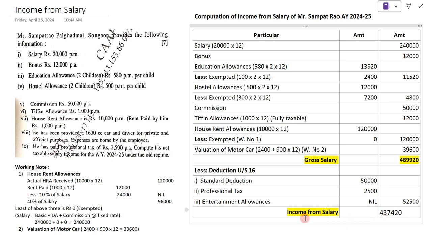So income from salary, that is the net taxable salary of Mr. Sampath Rao, is 4,37,420. Okay, so by these steps you have to solve income from salary. In this way you have to calculate income from salary.